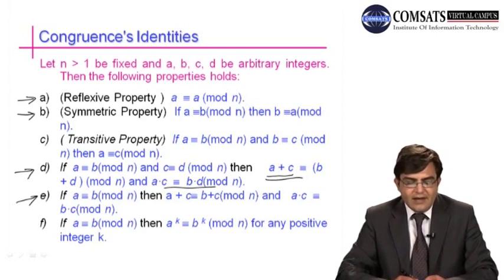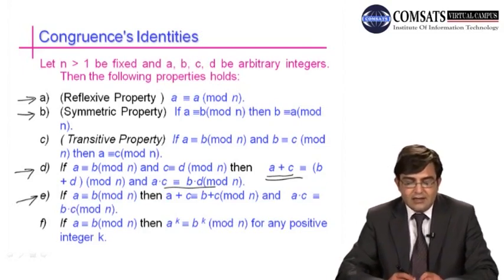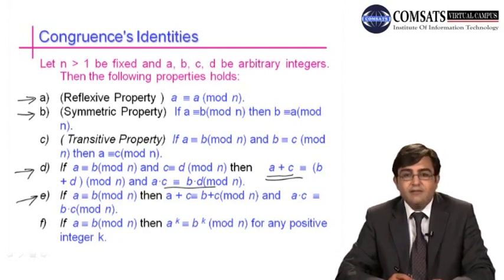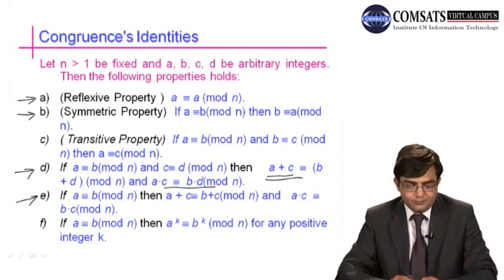That is, we can add any fixed number to both sides, or multiply both A and B by the same number, and the congruence of A and B will remain true.